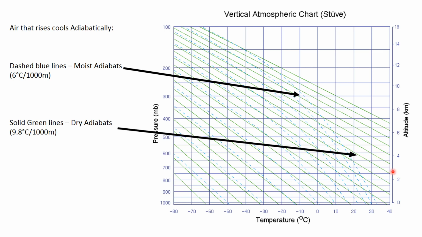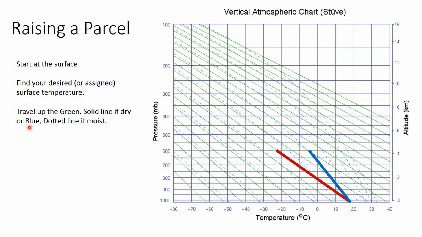And these represent a rate of cooling of 9.8 degrees Celsius per every 1,000 meters. And if you've heard from my online class or from my on-campus class, I've said 10 before. I usually round to 10 because it just makes the numbers easier to work with, but a more precise rate is 9.8.